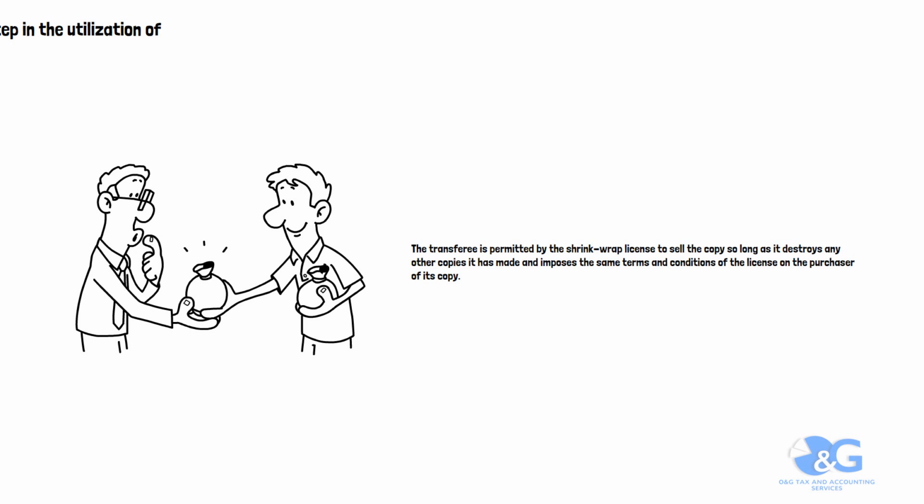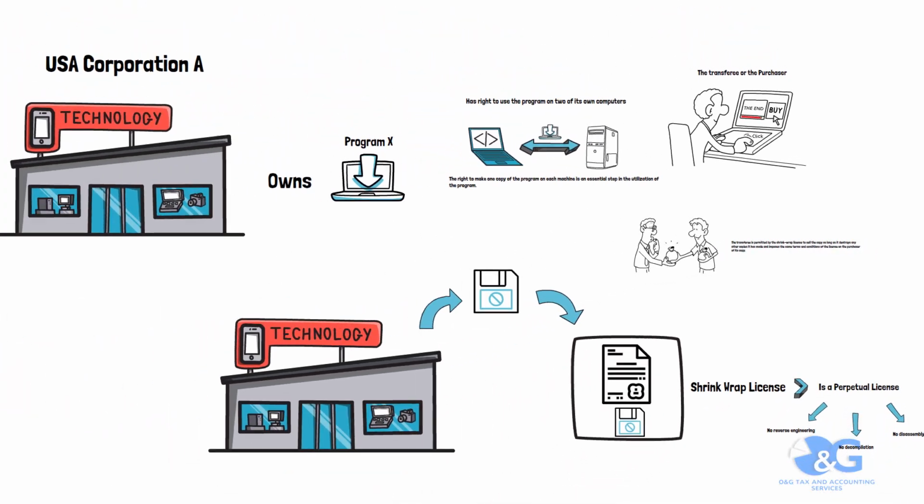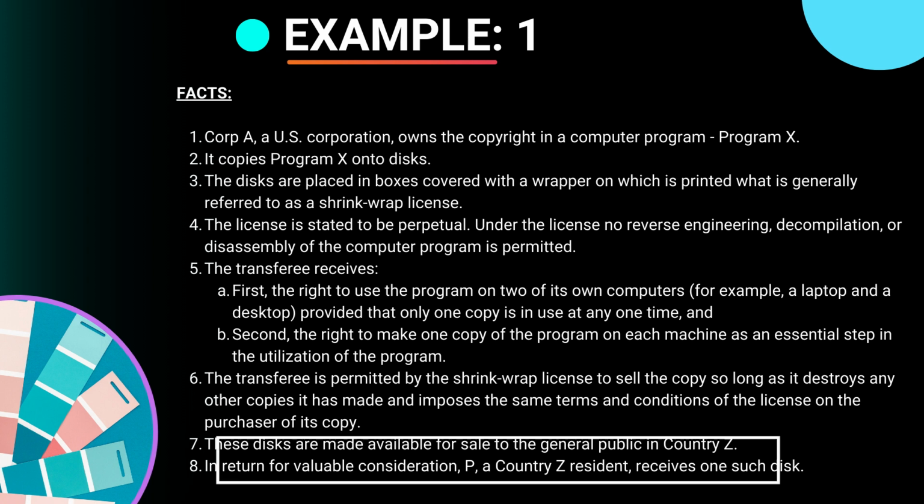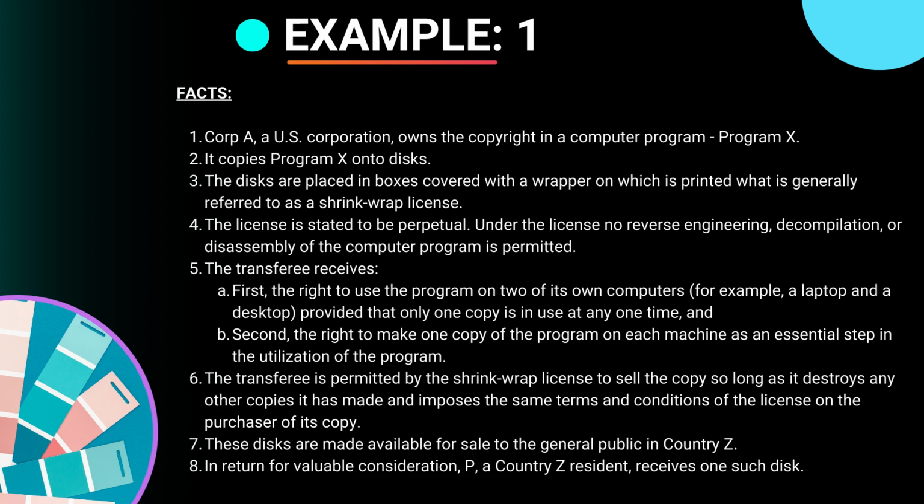If you're selling it to another person, then that person has also acquired the copyrighted article. And then it also says that the computer program is made available for sale to the general public in country Z. So here you have a U.S. corporation that's making that disk or the computer program available to the general public in country Z.